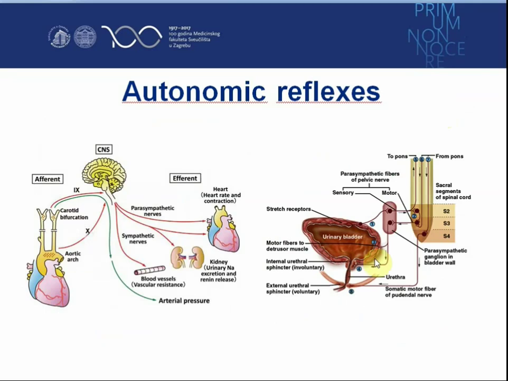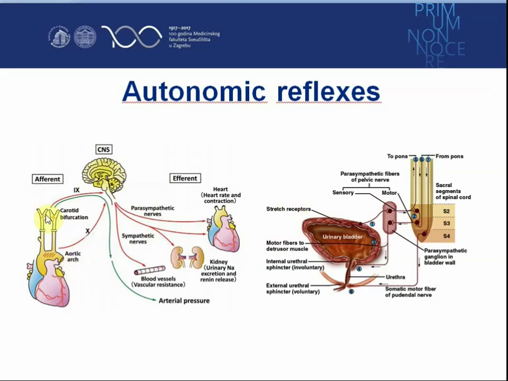The autonomic nervous system plays an important role in the control of many internal body functions, taking place through different reflex arches. An afferent arm of these arches consists of receptors in the wall of, for example, blood vessels or organs, which are reactive to stretching.